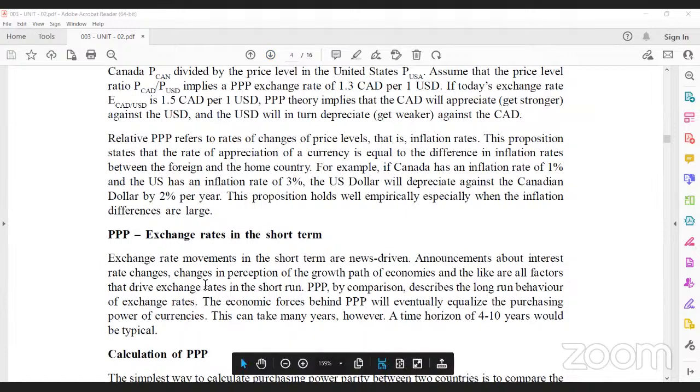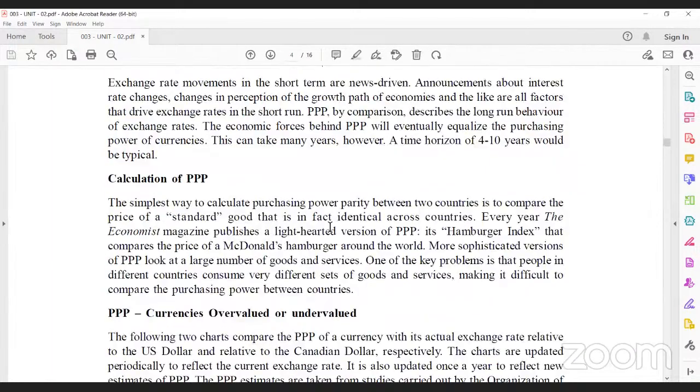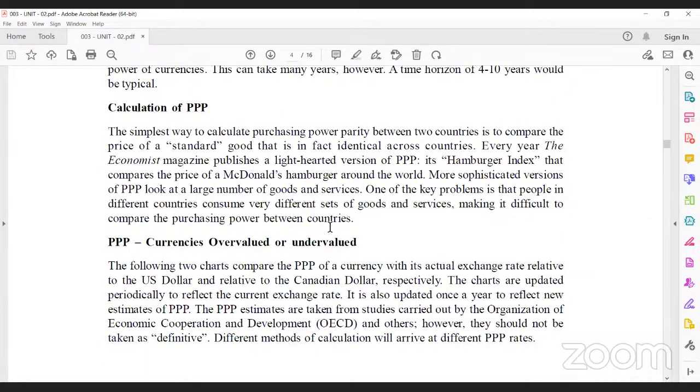Then we have how to calculate purchasing power parity. The simplest way to calculate PPP between two countries is to compare a standard good that is in fact identical across countries.